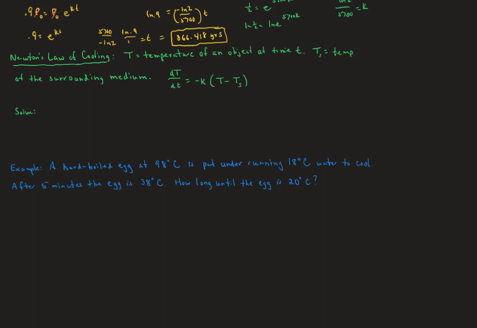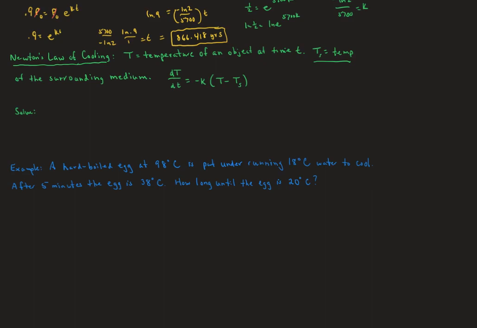So our differential equation is dT/dt, the change in temperature with respect to time, is negative k, some constant, times the difference between the temperature, capital T, and T sub s, the temperature of the surrounding medium.